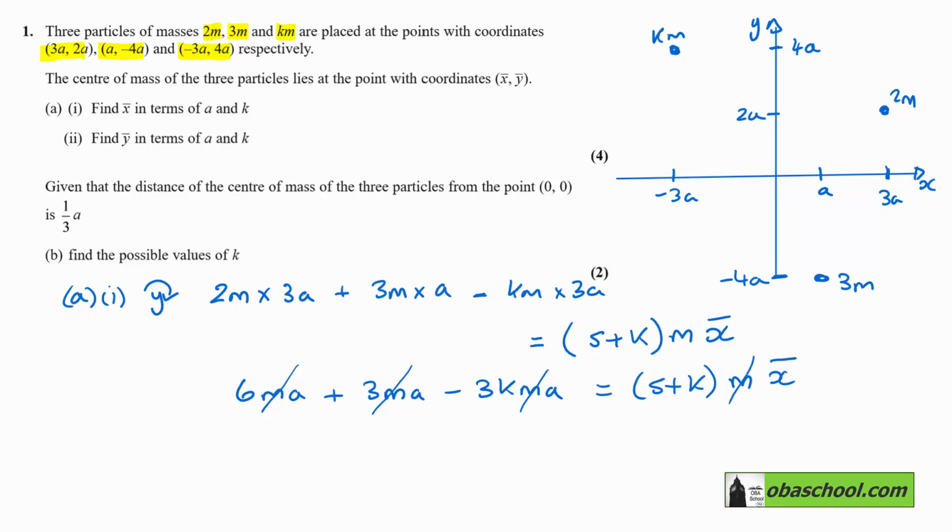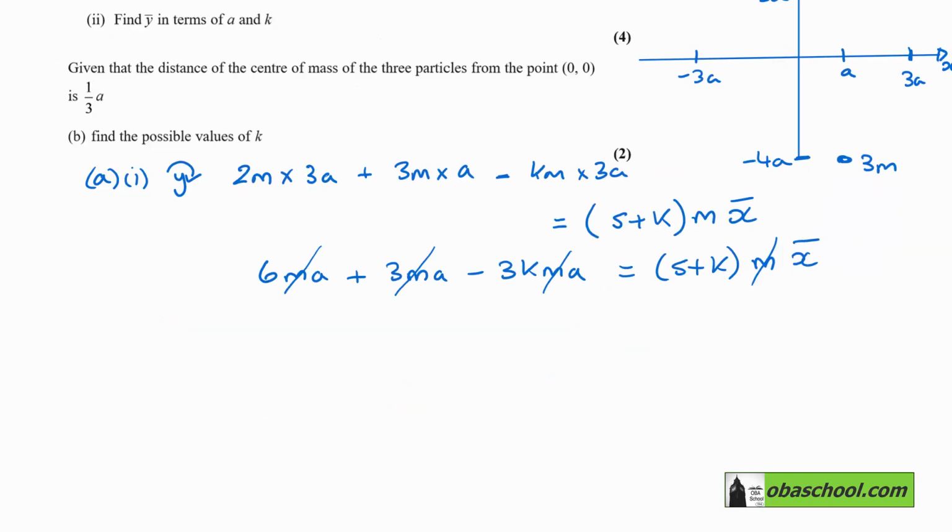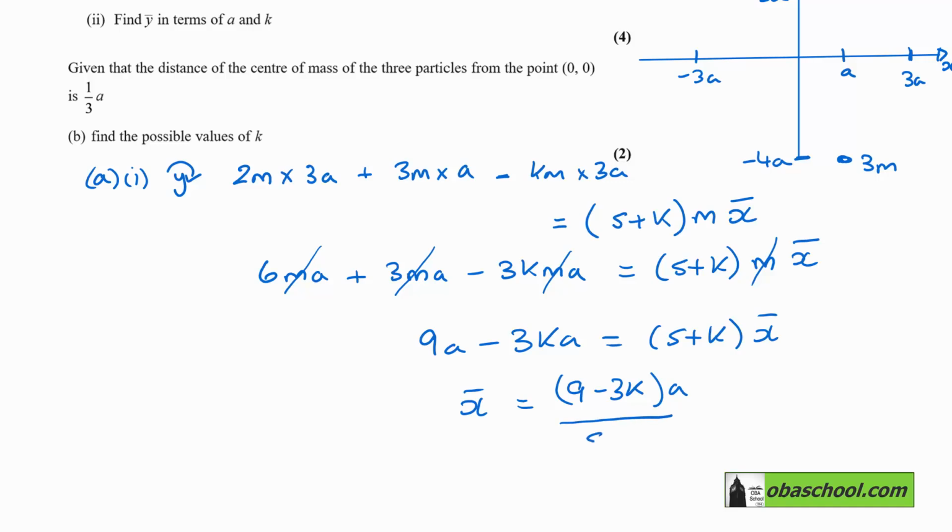That gives us 6a plus 3a, which is 9a, take away 3ka, equal to 5 plus k times x bar, and so x bar is equal to (9 minus 3k)a over 5 plus k.